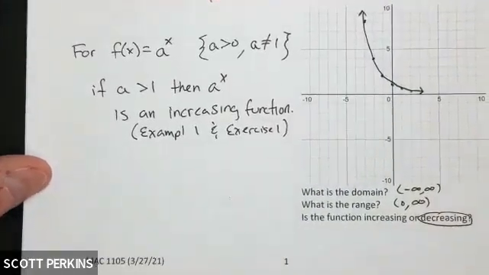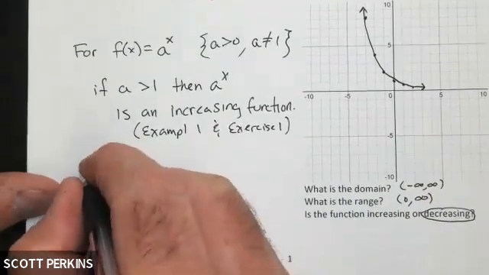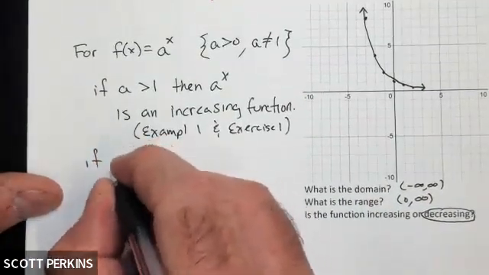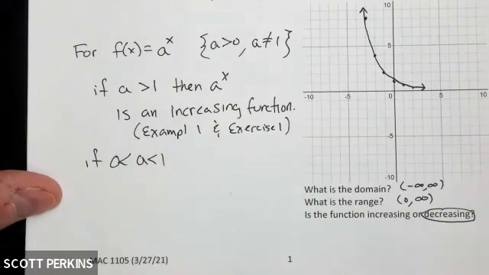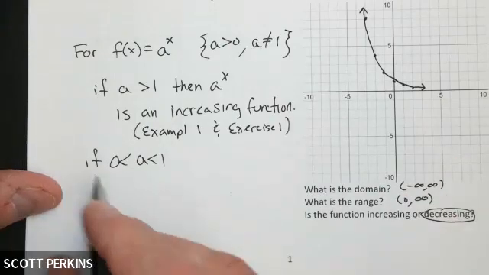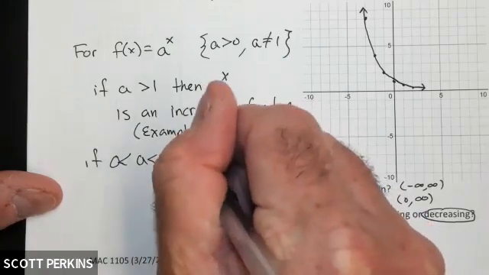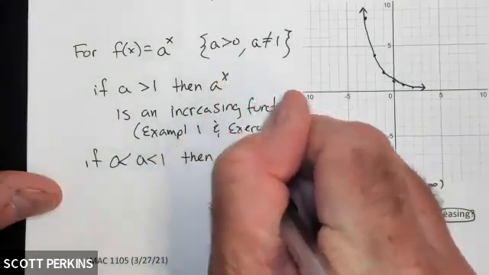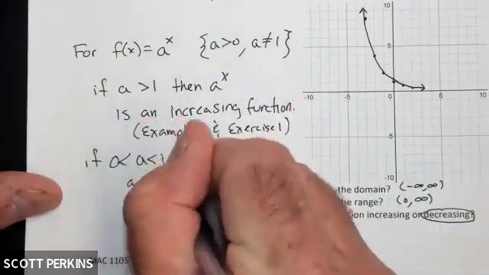So that's exciting. And then if the value of a is between 0 and 1, like our exercise 2, so if you have something like 2/3 or 4/5 or 1/2 like we graphed, or 1/3, anything that's between 0 and 1, then a to the x power is a decreasing function.